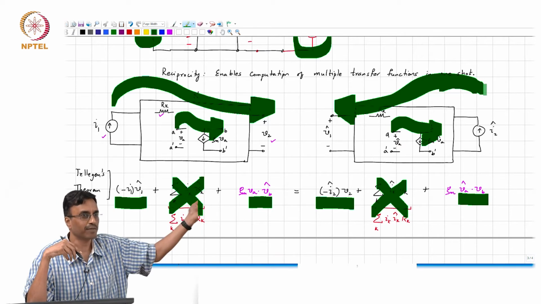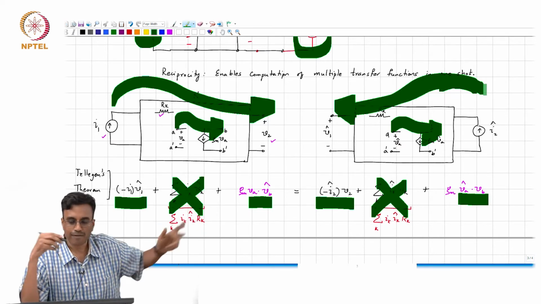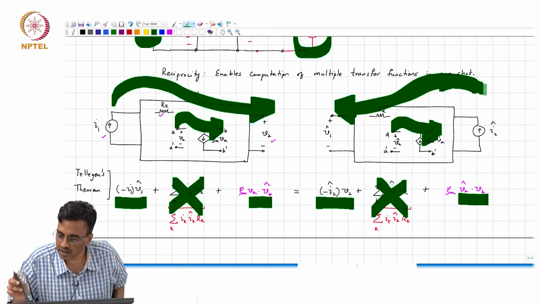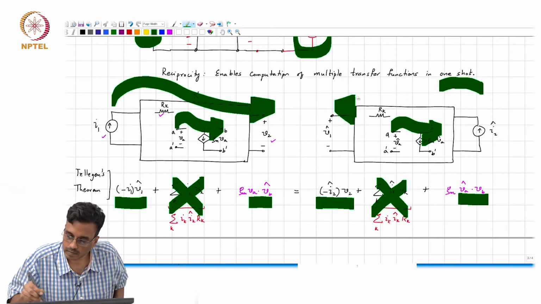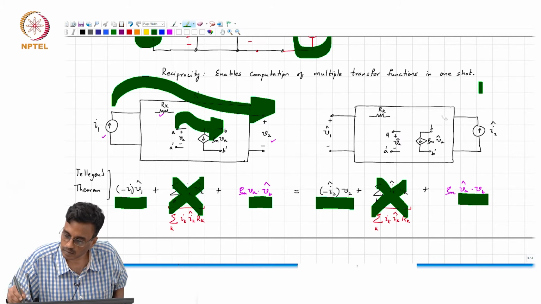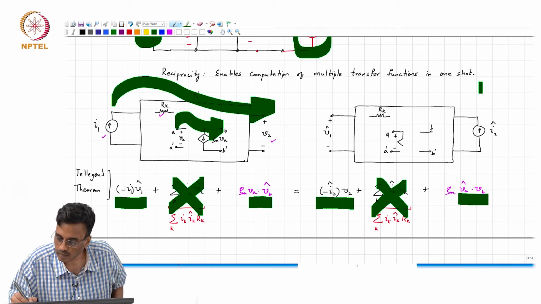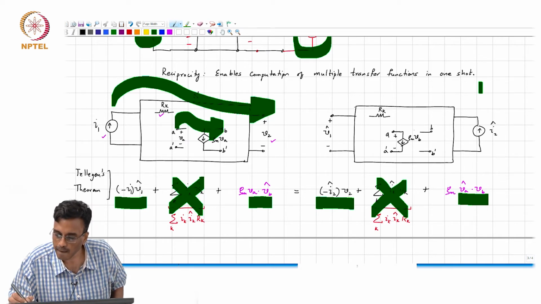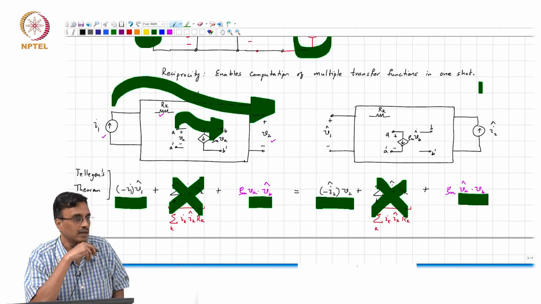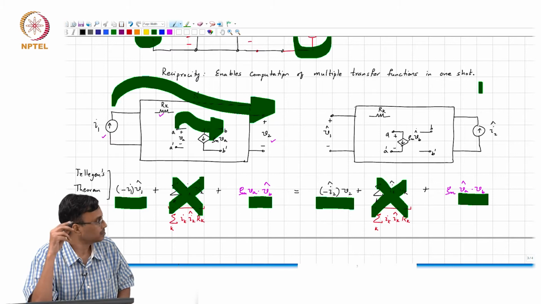So let me see if I flip the orientation of the control source in this direction. So, this is Gm times Vb hat, all right, okay.